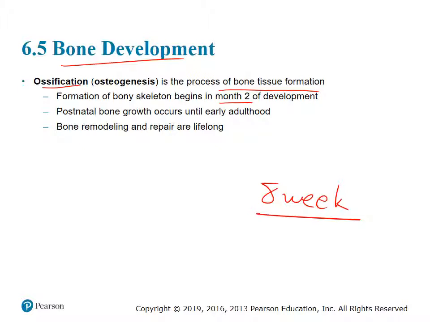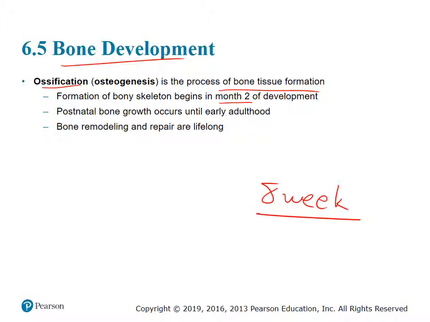We're now at a time frame where we're seeing cells forming cartilage, and that's really how bone forms first: cartilage, and then filling that with minerals, or ossifying that bone.